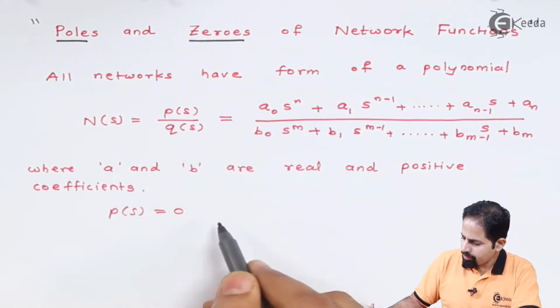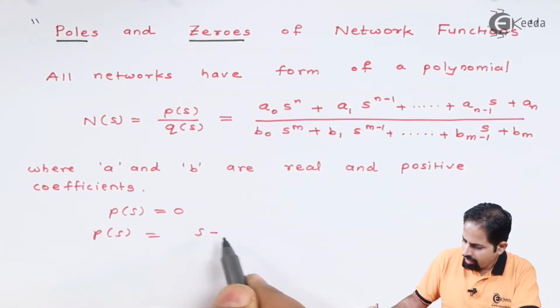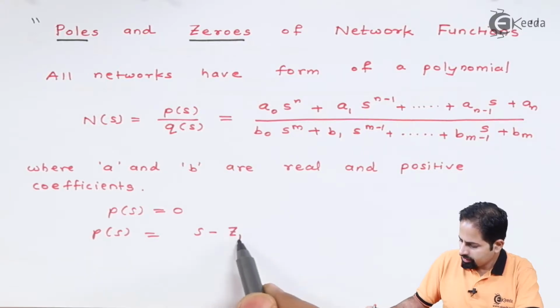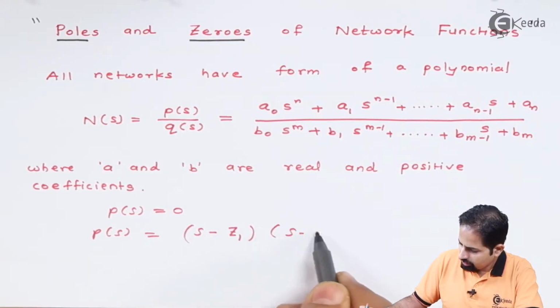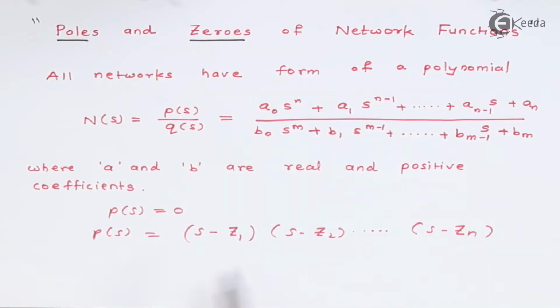So you can write this P of s as s minus z1, and so on. Whenever s takes values exactly equal to z1 or z2 or zn, this P of s will become 0. That means the numerator will become 0. So there are particular values of s for which this numerator can be 0.